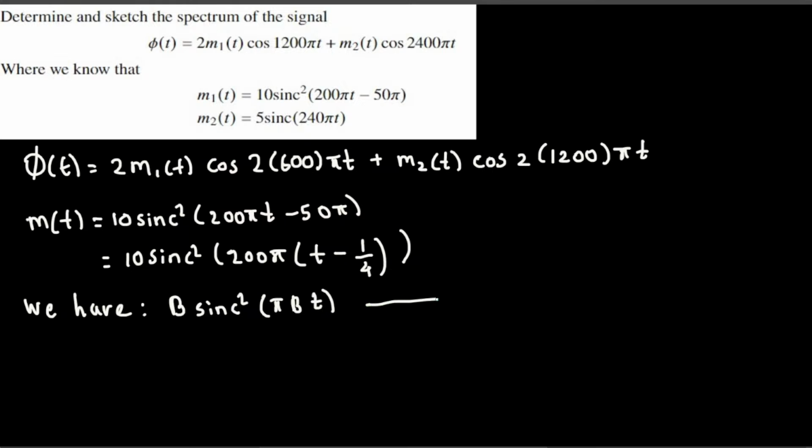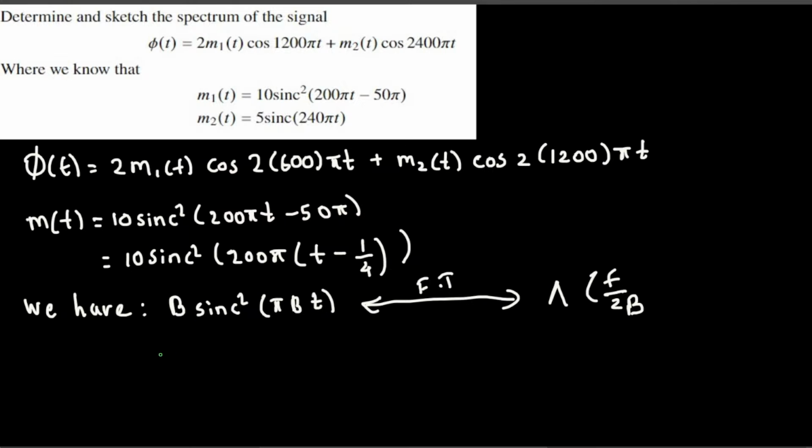When you do the Fourier transform of this one, you get a triangular function, triangle of f over 2b.